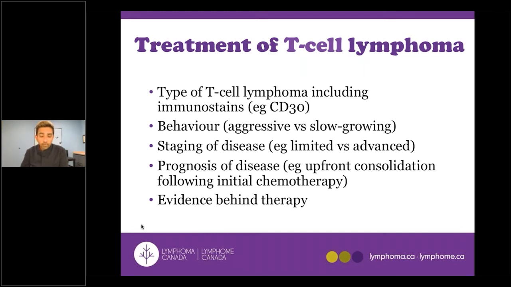And whether that type is aggressive or slow growing, and what is the stage of that disease. I also look at the prognosis of disease, because this will allow me to decide if my patient needs further treatment after chemo, for example, a stem cell transplant, or whether chemo is all that is required. And I also confirm to myself what is the evidence behind all of these treatments.